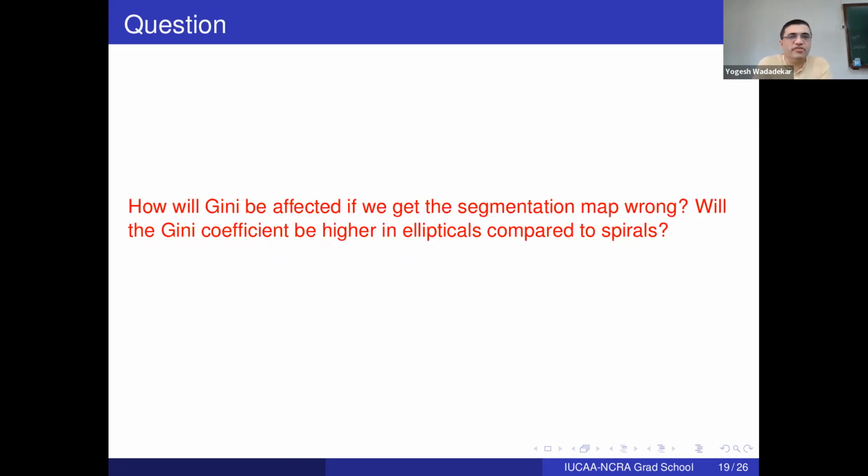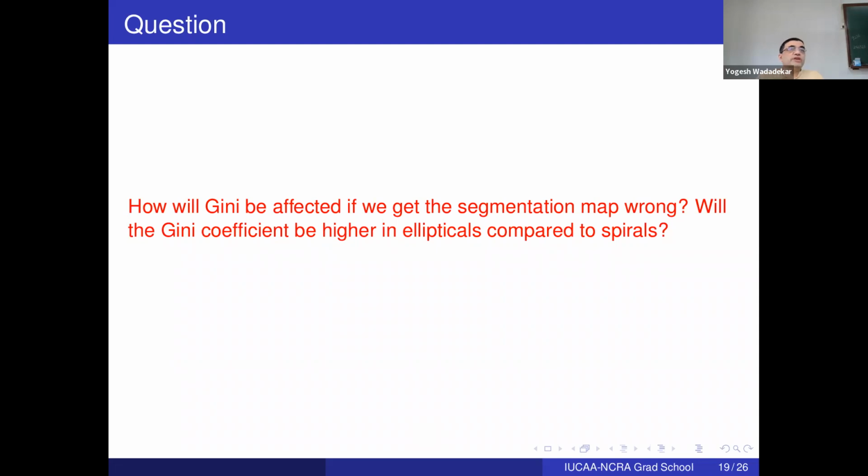How will Gini be affected if we get the segmentation map wrong? Suppose that instead of using 10 sigma, you only include pixels up to 5 sigma. Will the Gini coefficient change or not change?